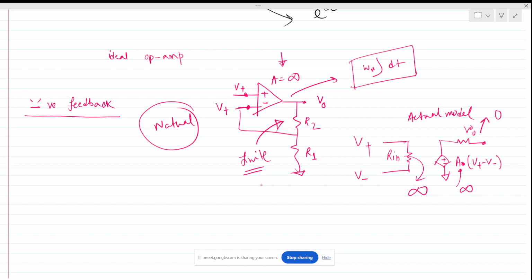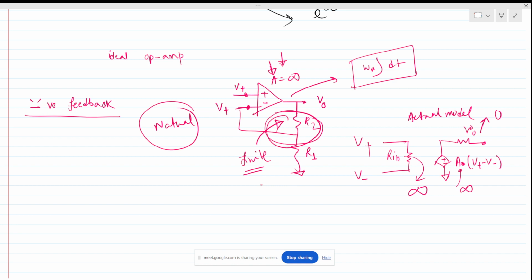In open loop, if the gain decreases by some amount, the whole circuit feels the same effect. But in the closed loop circuit, if the gain is reduced or increased by some amount, the closed loop behavior almost remains the same. This is the thing about negative feedback.